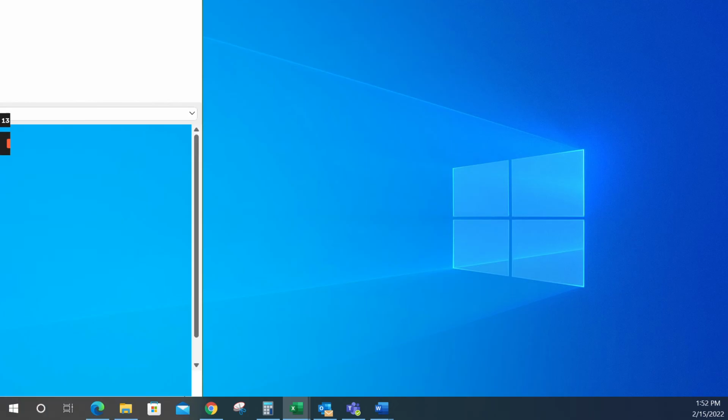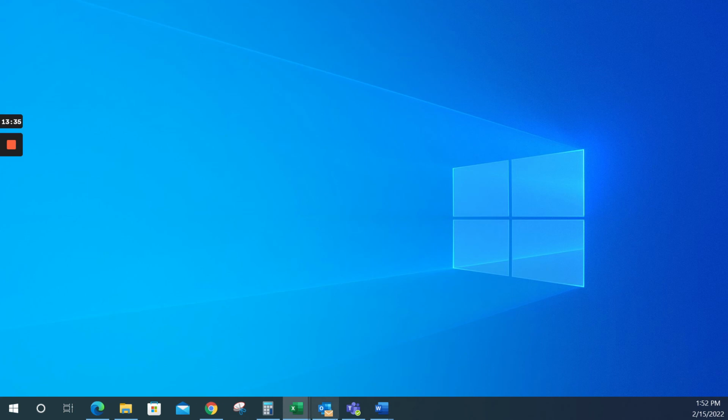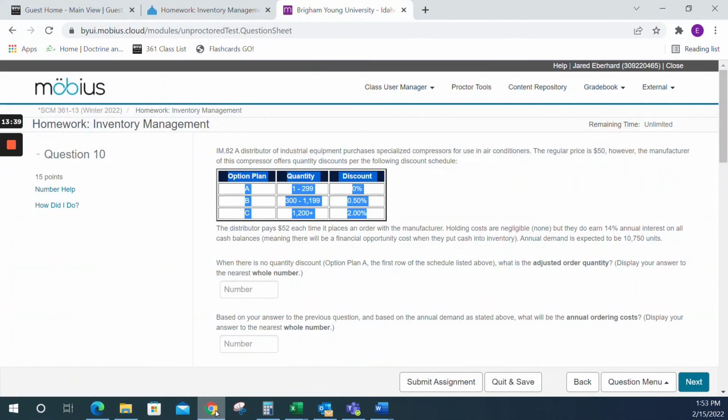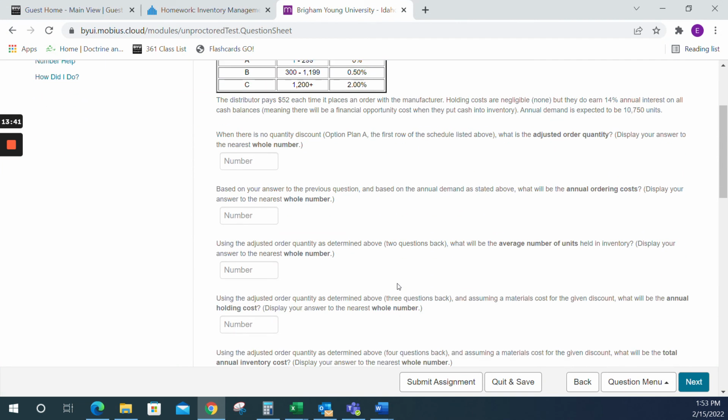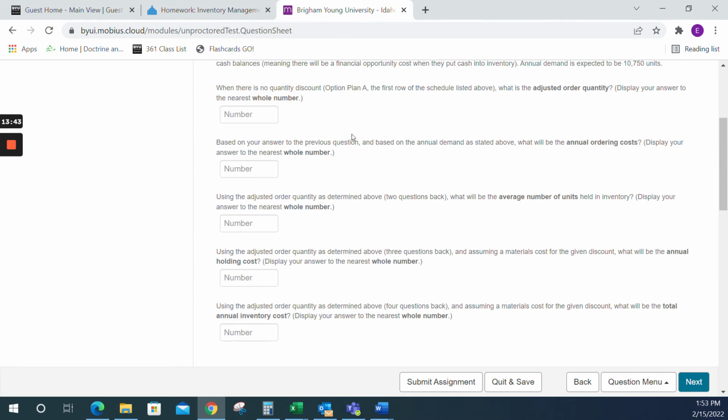If I were to take this file now and go back in to answer all my homework problems, I would simply pay attention. It just asks the same thing over and over again. When there's no discount quantity, what's my adjusted order quantity? For me, it's 400. Same answer, what's my ordering costs? 13, wants it rounded up, excellent, 99.